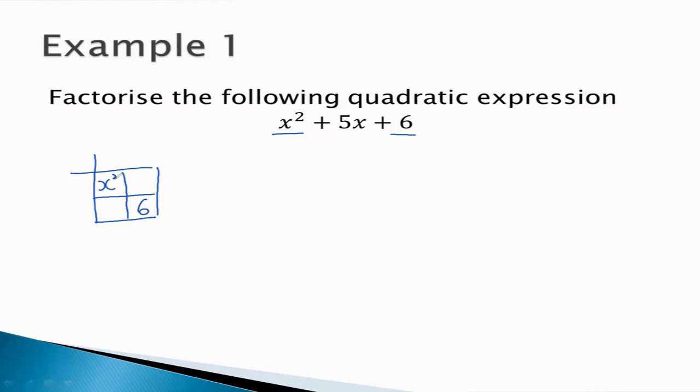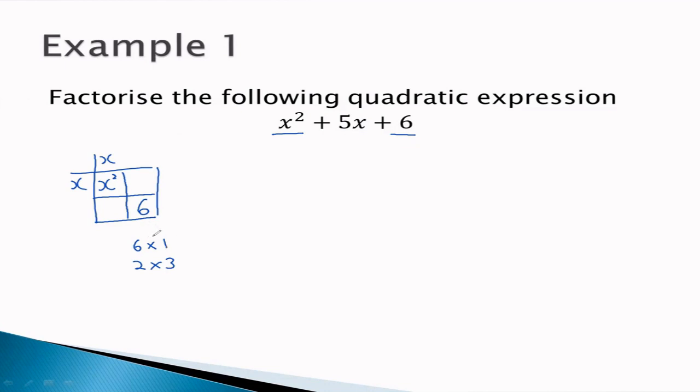So what am I going to think now? I must ask myself, what times what will give me x squared? So basically, x times x will give me x squared. Okay, what times what will give me 6? So I think there's 6 times 1, and there's also 2 times 3. So there are a few combinations, 2 combinations here.